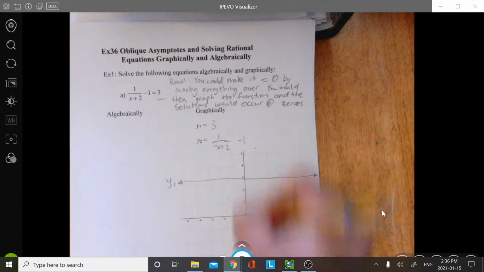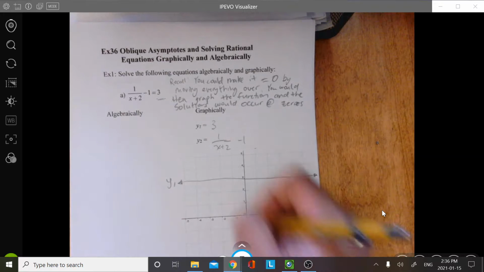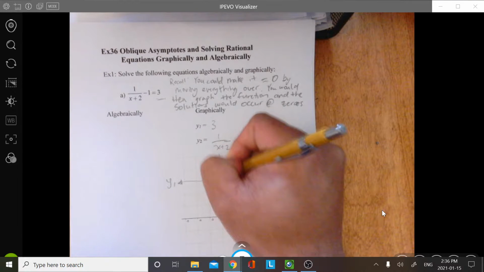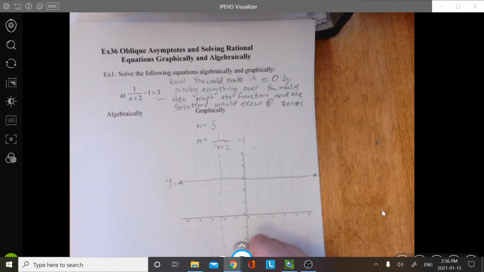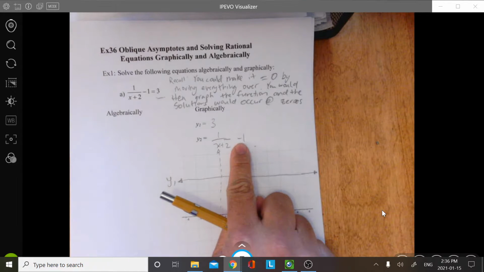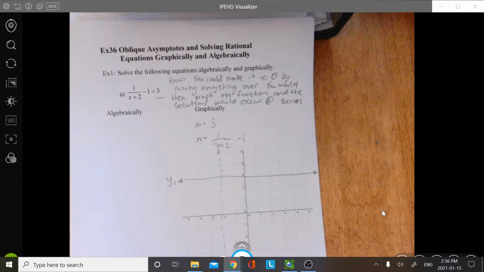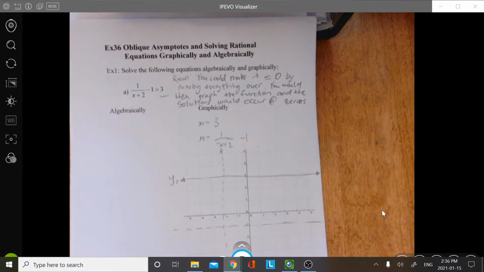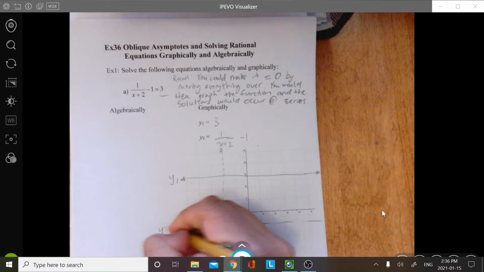Remember the asymptote is normally at x equals 0. So now my vertical asymptote is going to be at x equals -2. My horizontal asymptote is shifted 1 down, so this is at y equals -1.